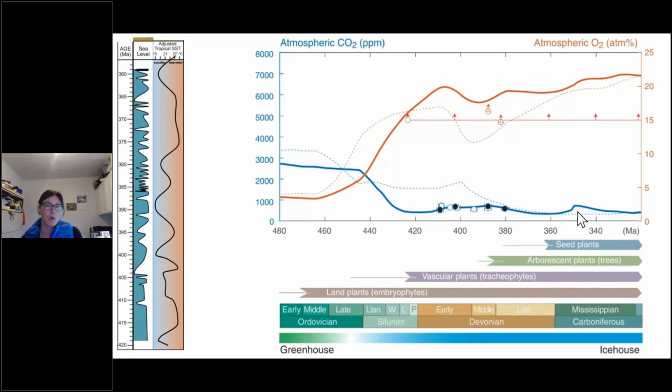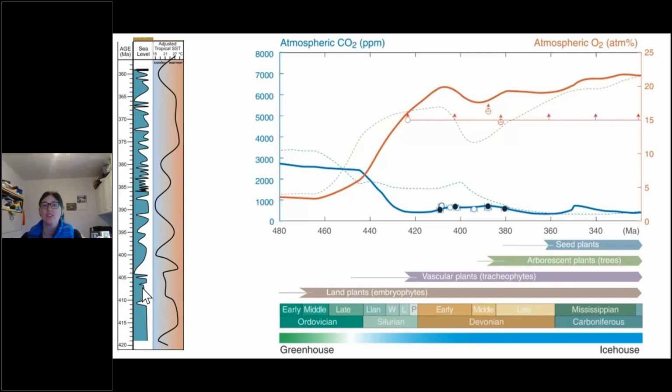So we're moving from a world that was a greenhouse towards a world that is an ice house, driven by ice sheets and lowered sea levels. If you look over on the left-hand side of this image, this is the Devonian. The middle blue squiggly line there is the changes in sea levels over time.